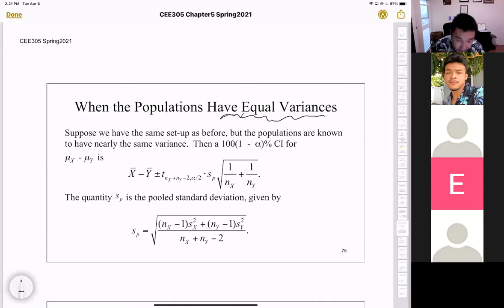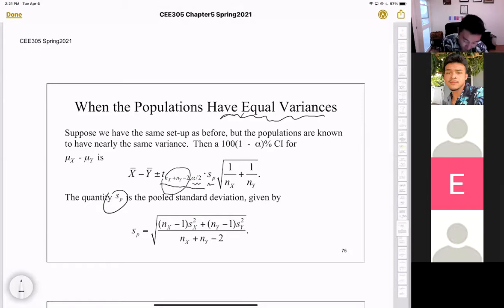If they have equal variance, we still use the t-value. But for the t-value, the degree of freedom is nx plus ny minus 2, and it's still half alpha. And we also have a quantity called SP.